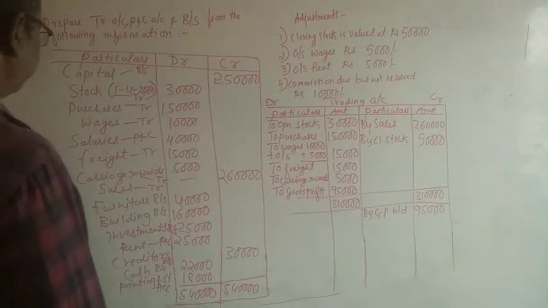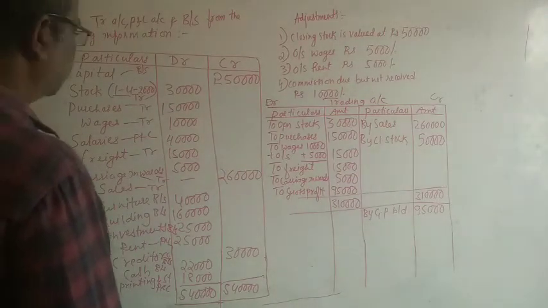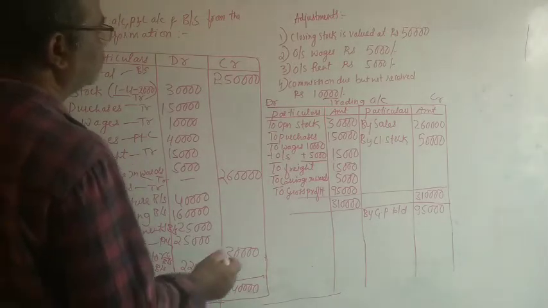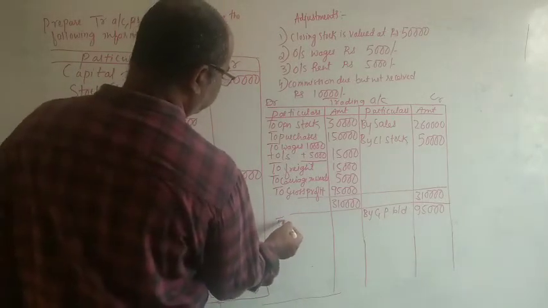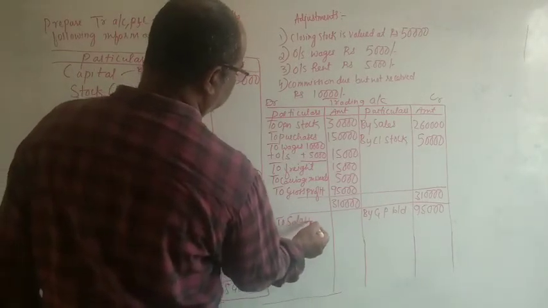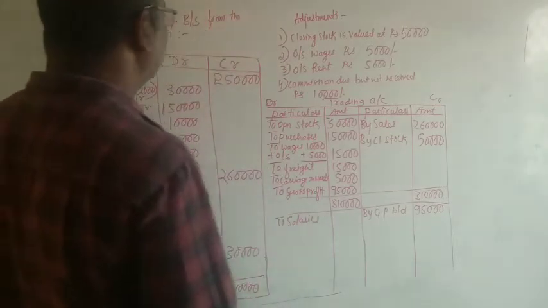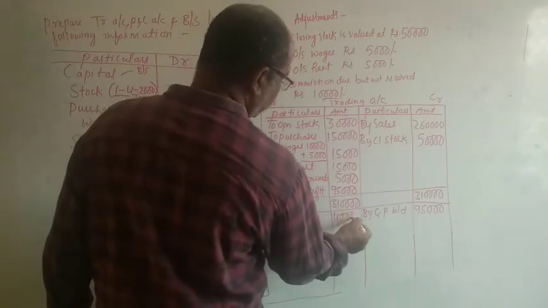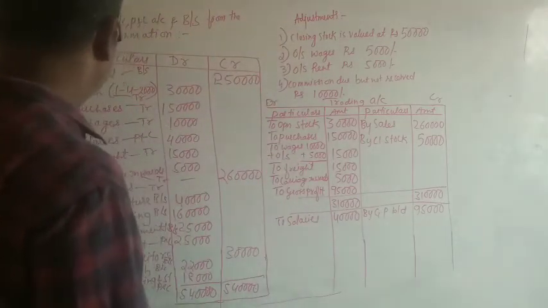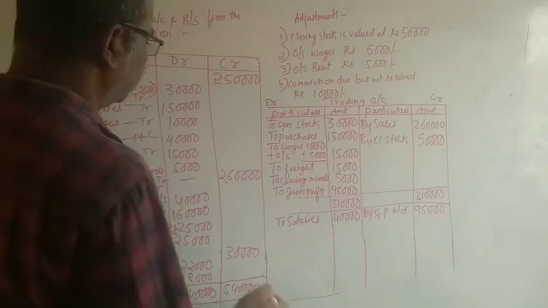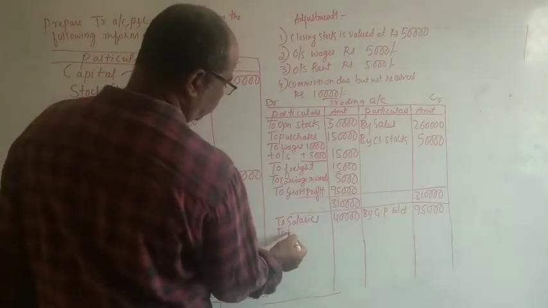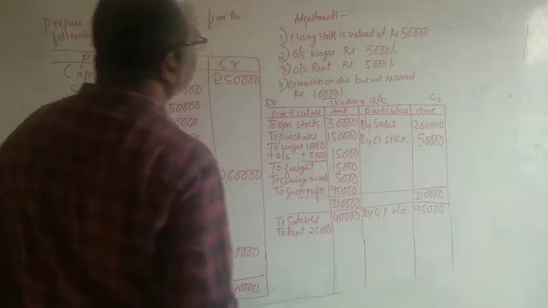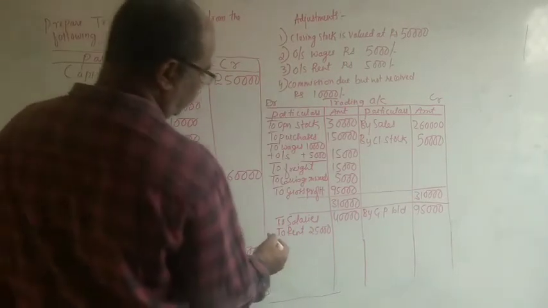Now let us see how much is to be debited in the profit and loss account. First is salaries. There is no outstanding salary, so nothing should be added here. To salaries 40,000. Next, rent: 25,000 is there, plus outstanding rent from the adjustments, add it.